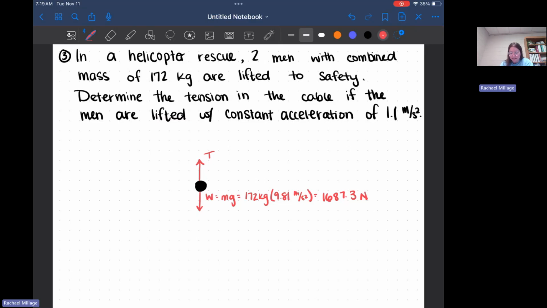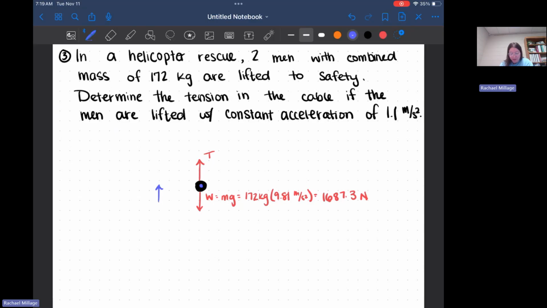My T is not going to equal my W. Why? Because this thing is moving, right? The men are moving. If the men are moving upward, getting pulled towards the helicopter, they're going to have some sort of acceleration.